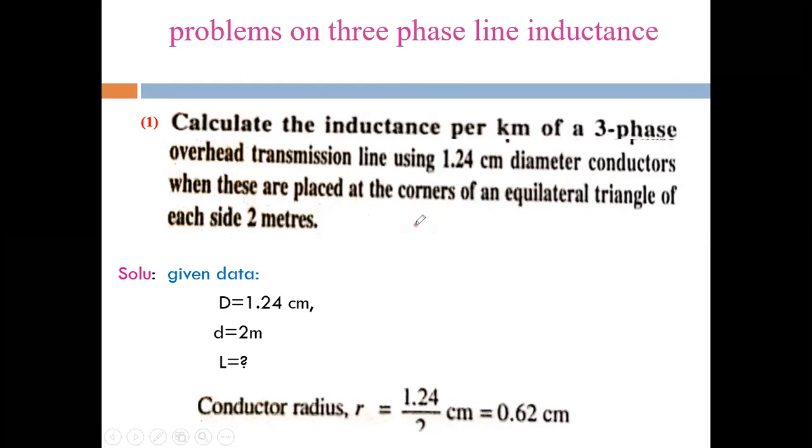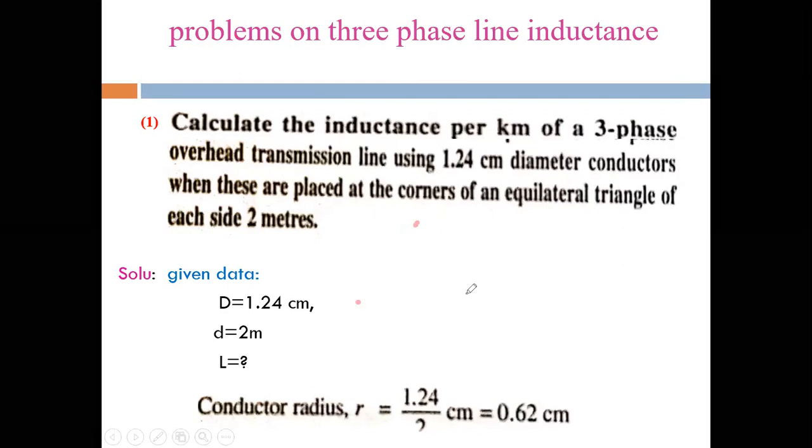The conductors are placed in a triangular shape, with a conductor at each corner of the triangle, and the conductors are apart by 2 meters.